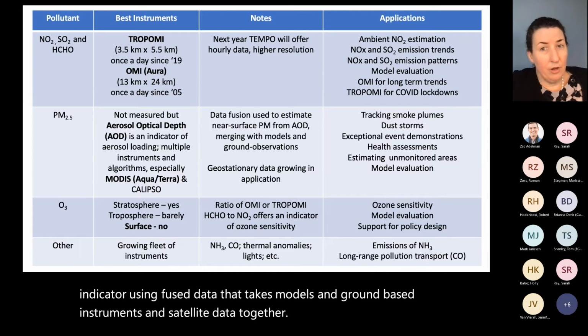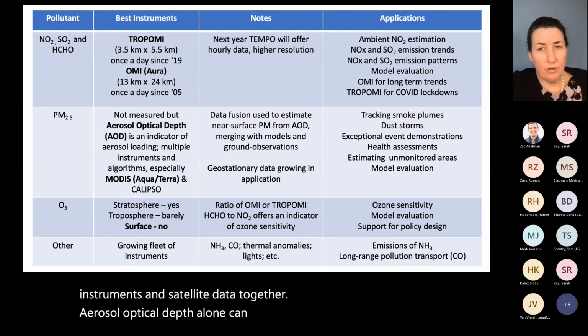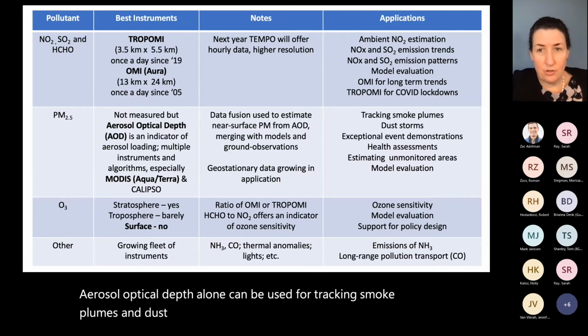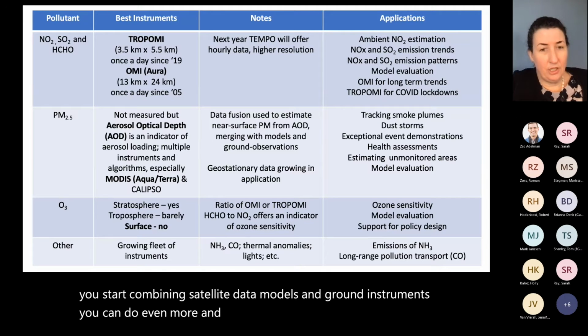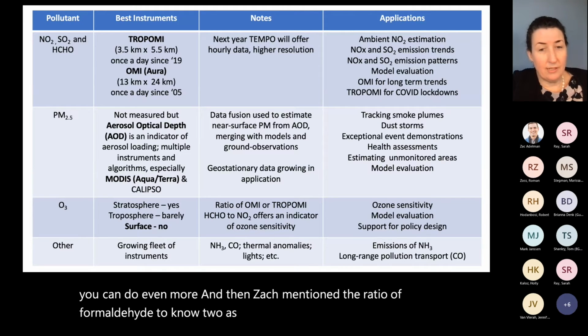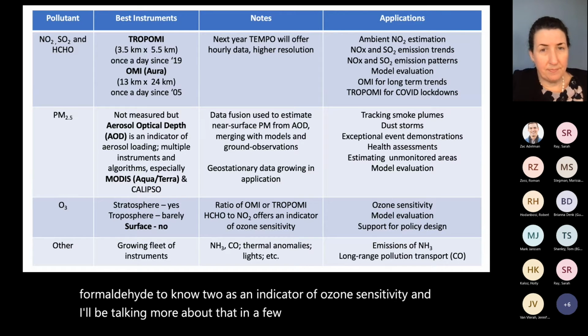Aerosol optical depth alone can be used for tracking smoke plumes and dust storms, exceptional event demonstrations. But as you start combining satellite data, models, and ground instruments, you can do even more. And then Zach mentioned the ratio of formaldehyde to NO2 as an indicator of ozone sensitivity, and I'll be talking more about that in a few minutes.